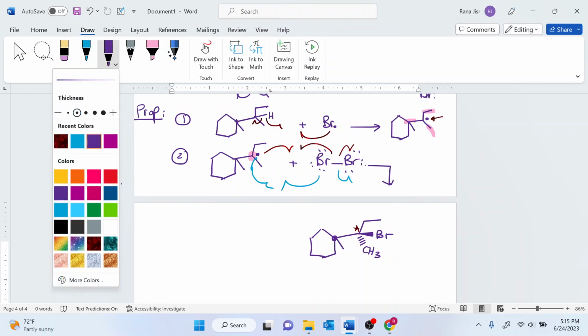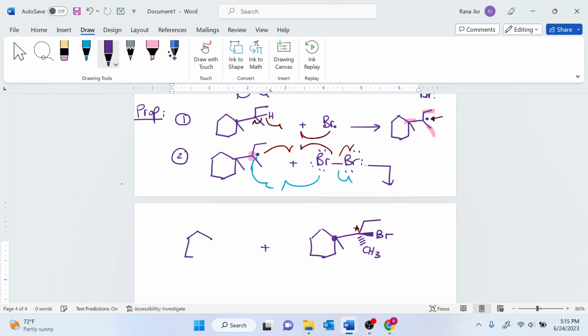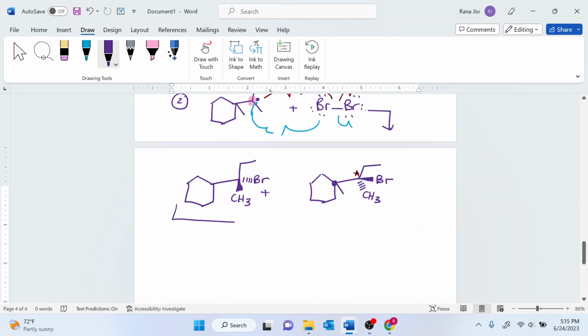Plus, my second possible product, if the bromine attacks from the back, then the CH3 is going to be pushed to the front. So these are my two possible products in there, and these products are considered to be enantiomers. So these are the two products that I am forming.